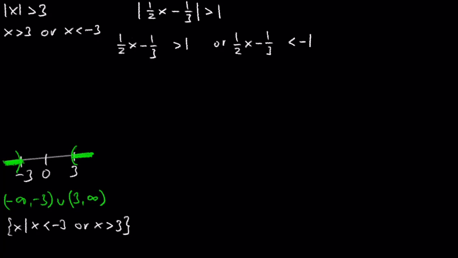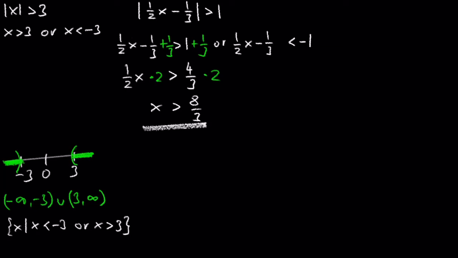Adding 1 over 3 on both sides leads us to 1 over 2x is greater than 4 over 3. Dividing by 1 over 2 on both sides, which is the same as multiplying by 2, leads us to x is greater than 8 over 3.